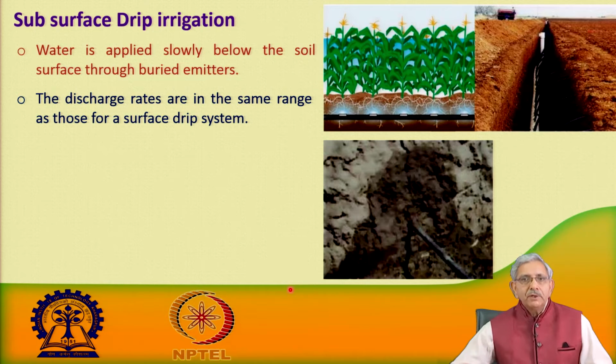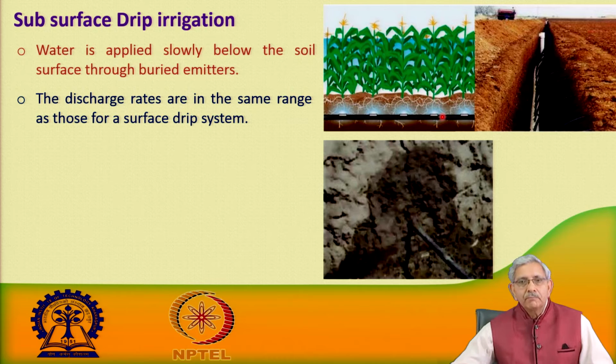In the case of subsurface drip, it is evident from these figures that the drip lateral is placed below the ground level. Another question is what should be the depth of placing the drip lateral.